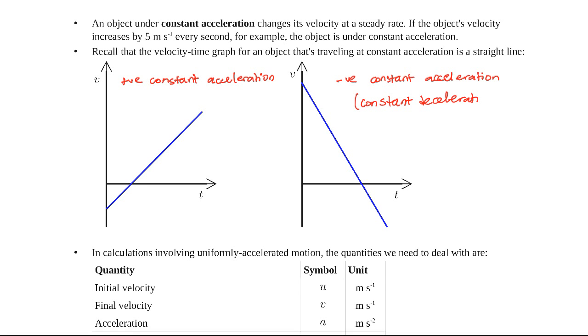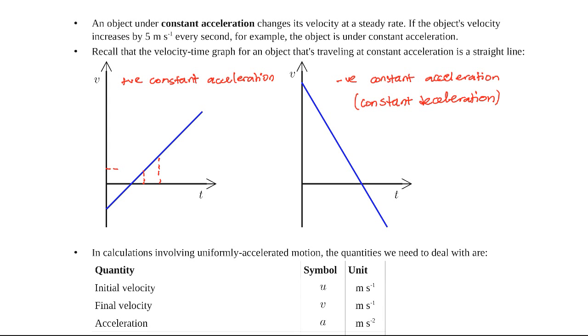Also, always remember what this means. For a given amount of time, the velocity changes by a specific amount. So, for example, I can choose a specific time interval like this.